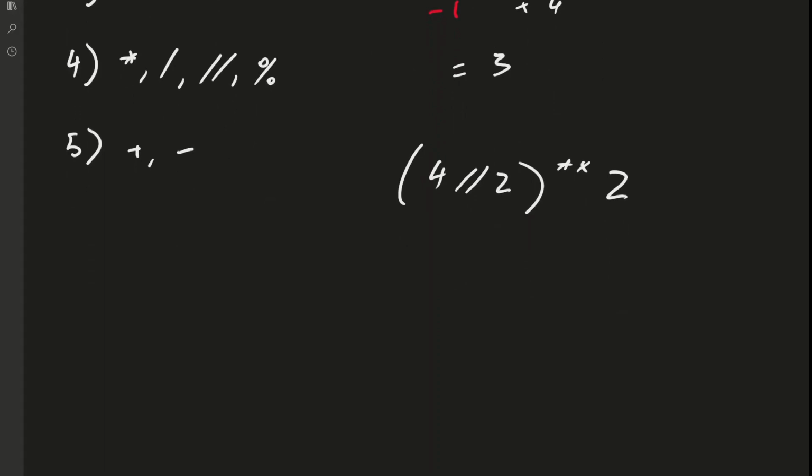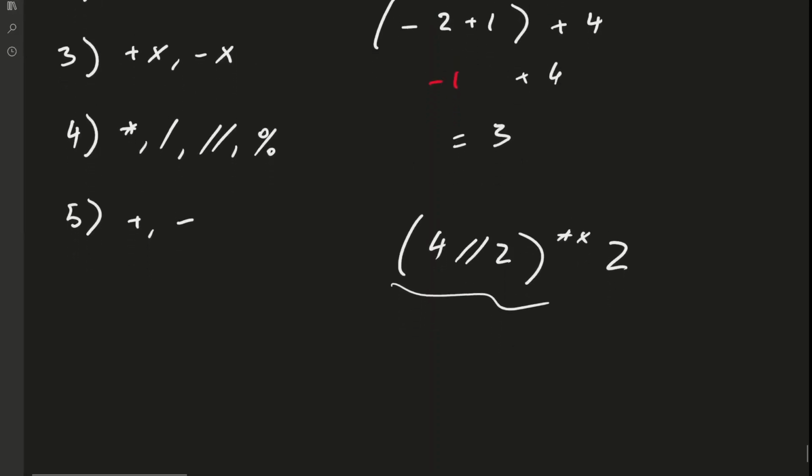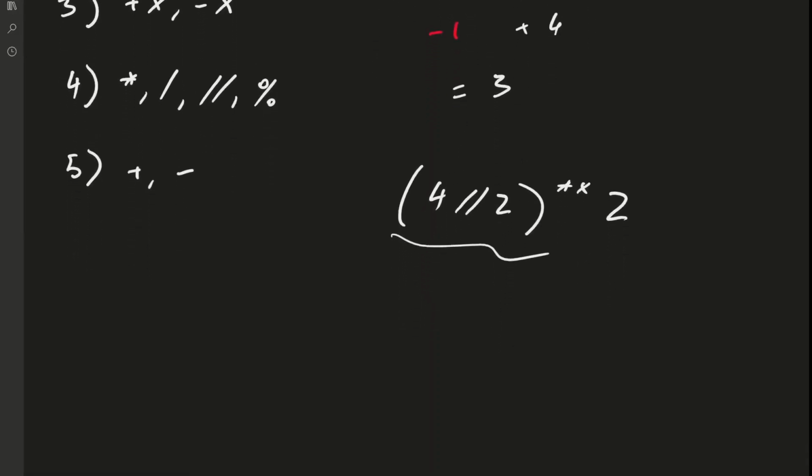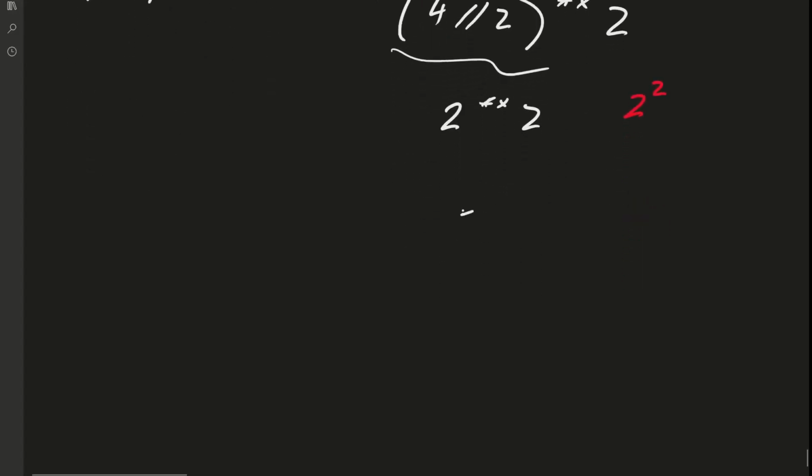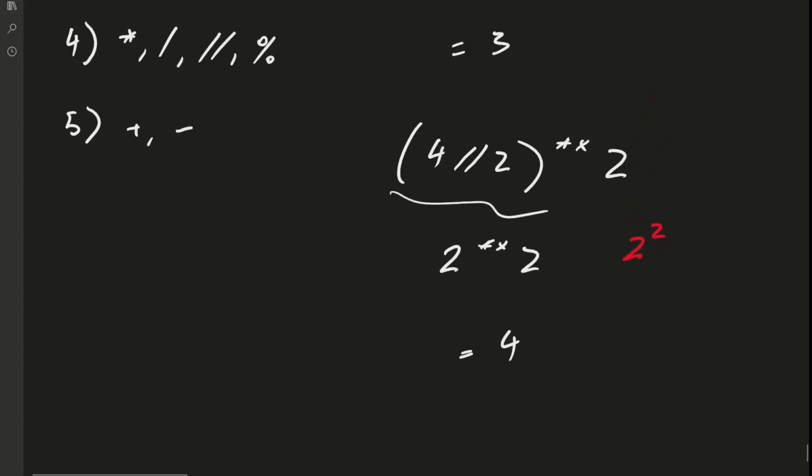First we look inside the brackets, and the integer result would be 2. Then exponentiation with 2. If we want to rewrite this in mathematical form, it's just 2 to the 2, and that is just equal to 4.